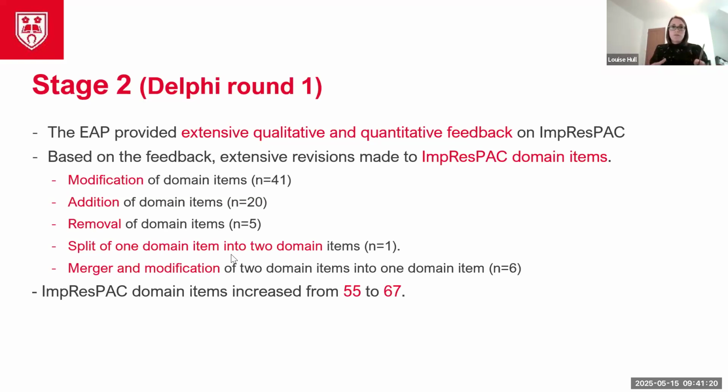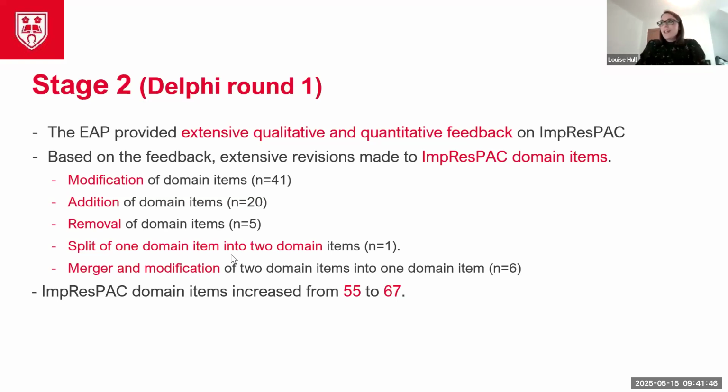They just reviewed those domains that they felt they had the expertise to do so. And we asked for both qualitative and quantitative feedback on the ImpResPAC tool. And I think we were really surprised by the amount of detailed qualitative feedback that we did receive. And based on that feedback, we made extensive revisions to the tool at this stage.